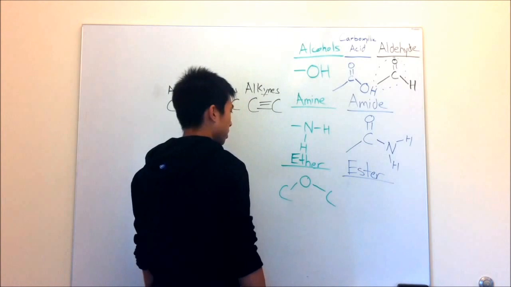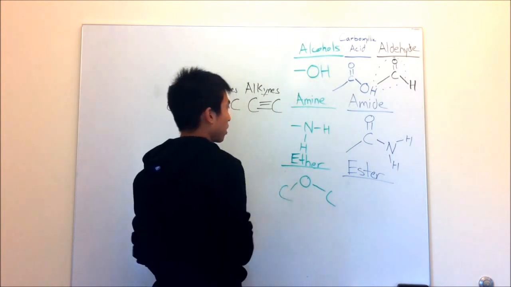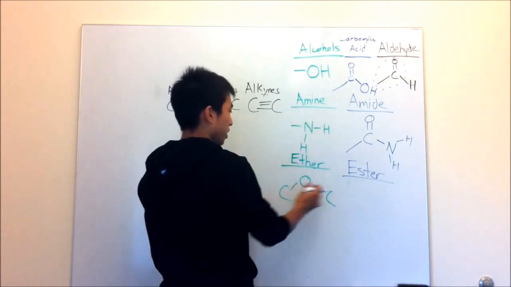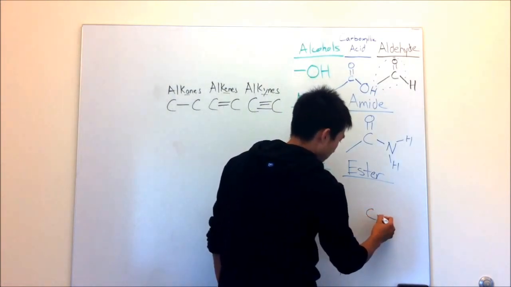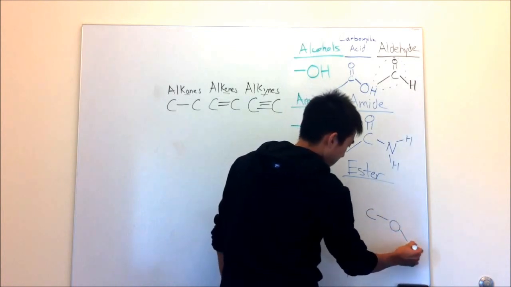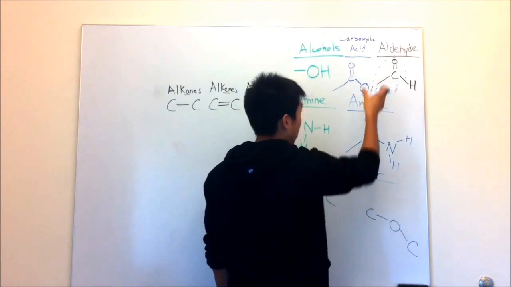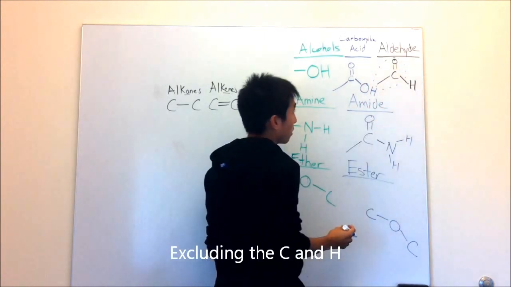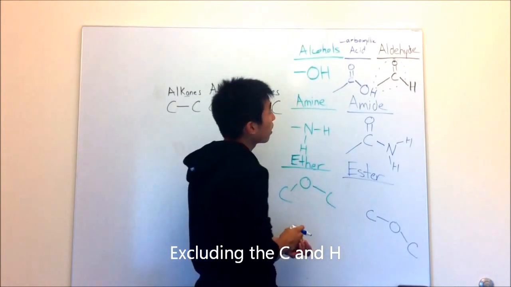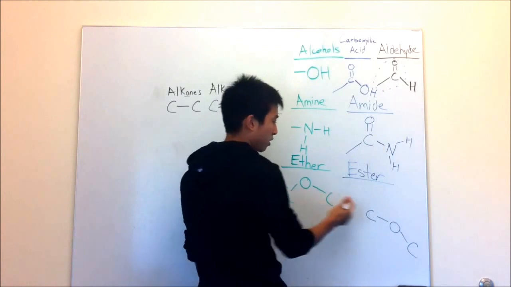Now the ester is just a little bit more complicated than ether. I do what I did before, and I bring in the ether. And then I bring in the aldehyde component again, excluding the H. But one small difference is this time, instead of bringing in the carbon, I use the carbon from the ether.